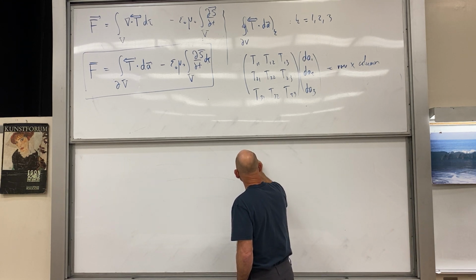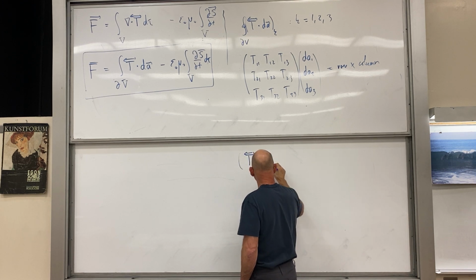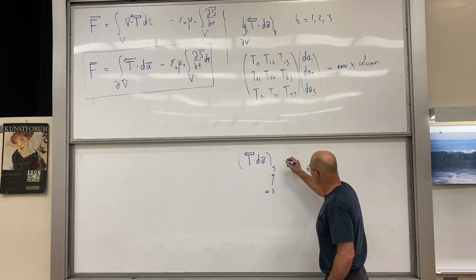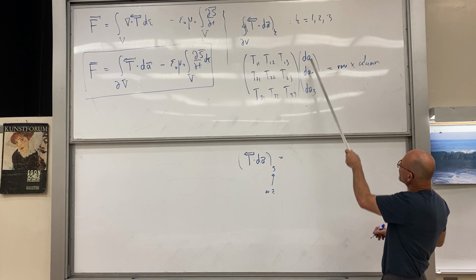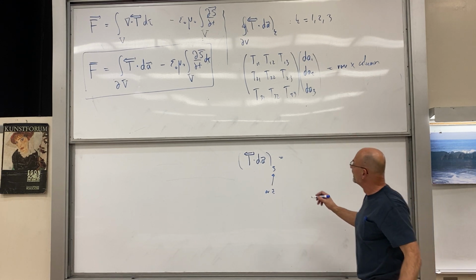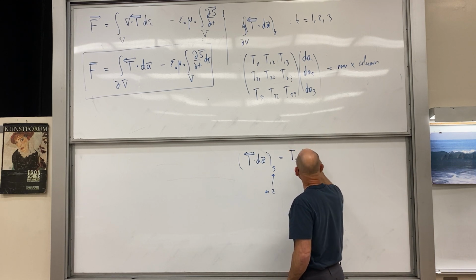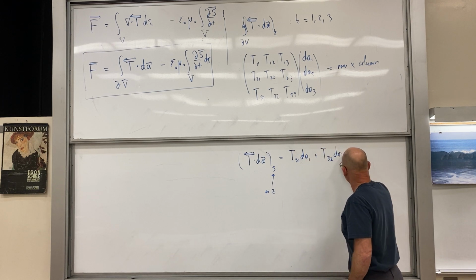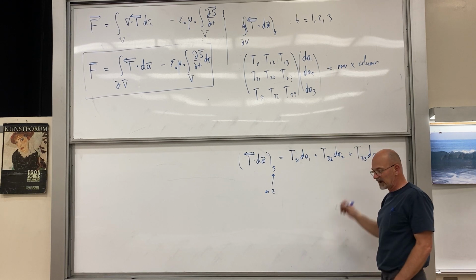T dot dA, the 3 or z component is going to be third row times column. So T31 dA1 plus T32 dA2 plus T33 dA3.